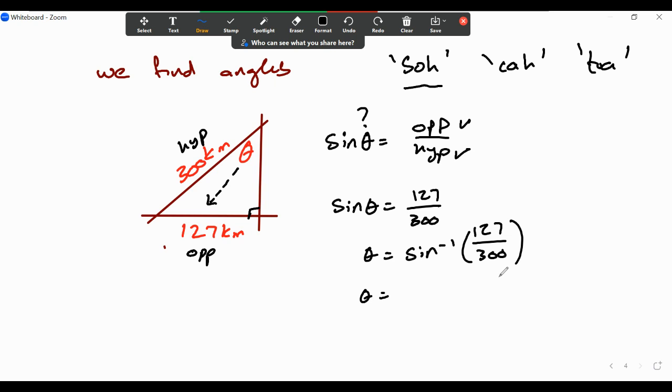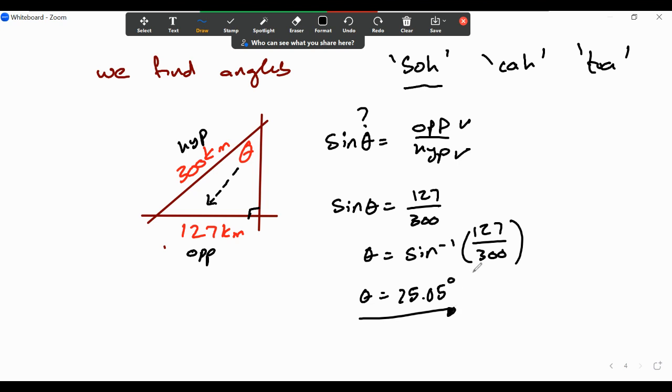So shift sine, fraction button, 127 over 300. That'll come to 25.045. Okay, so let's say 25.0 degrees.